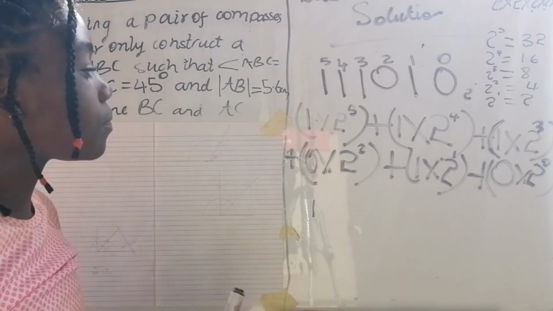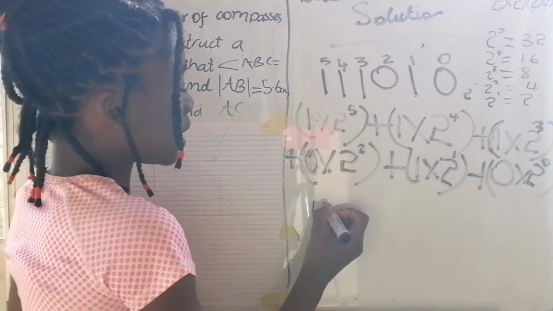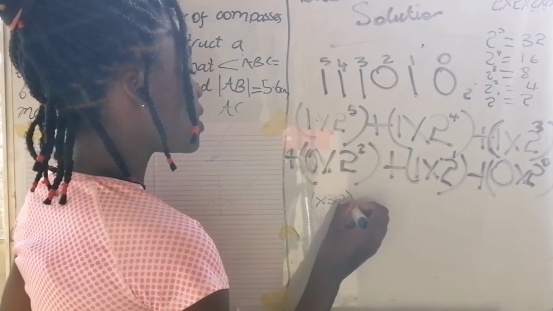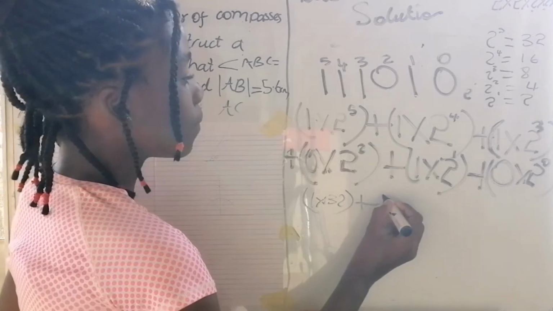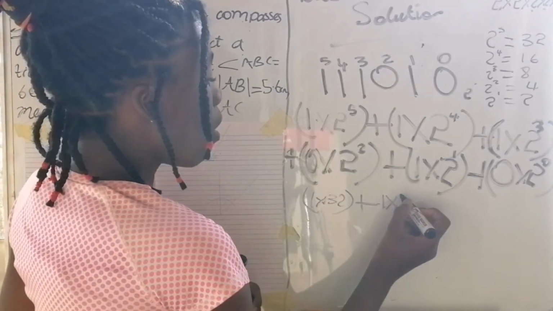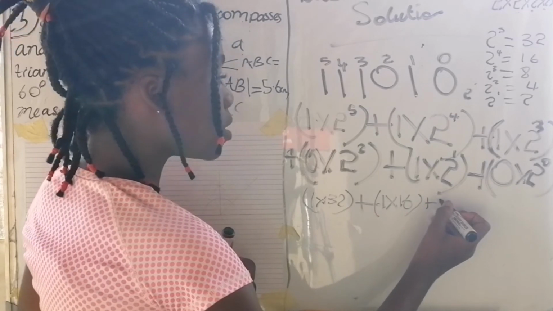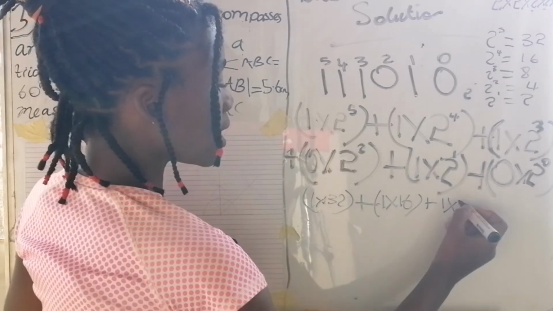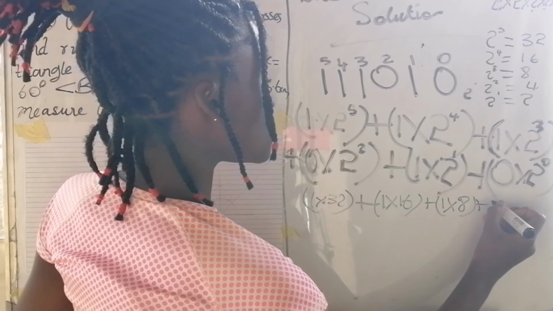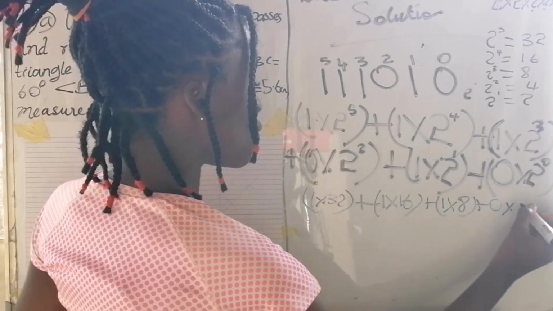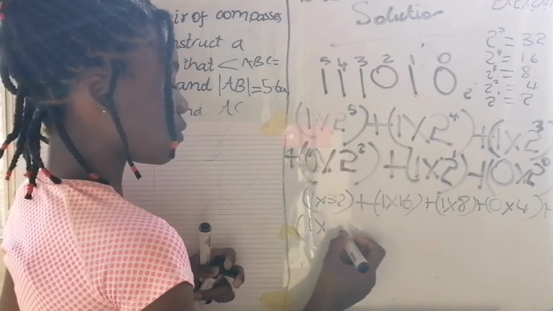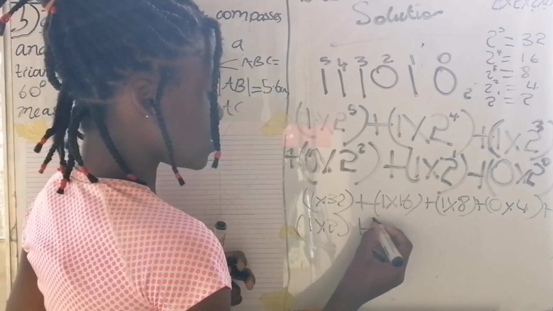So now that I've shown you this, we start breaking things down. 1 times 32, plus 1 times 16, plus 1 times 8, plus 0 times 4, plus 1 times 2, plus 0 times 2 raised to the power of 0.